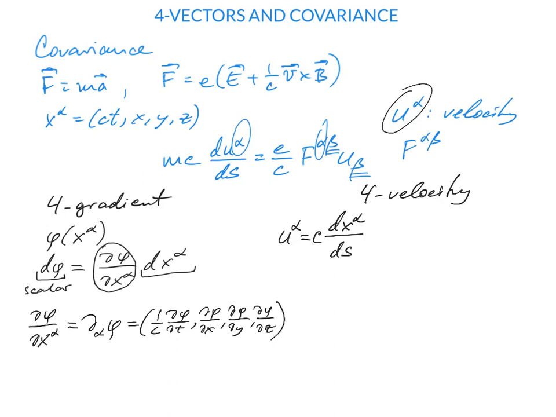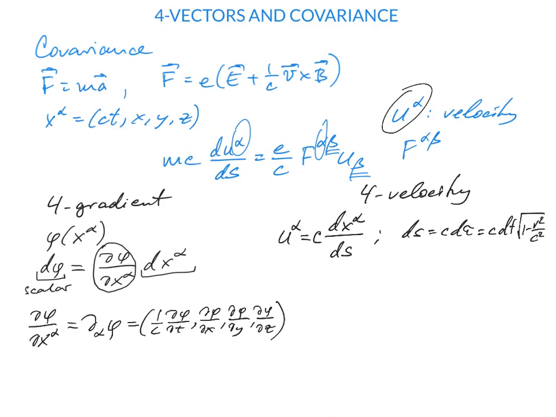It's measured in units of time, so c dx alpha by ds will have units of velocity. Now, ds is c d tau, or c dt square root 1 minus v squared over c squared, as we've learned before.